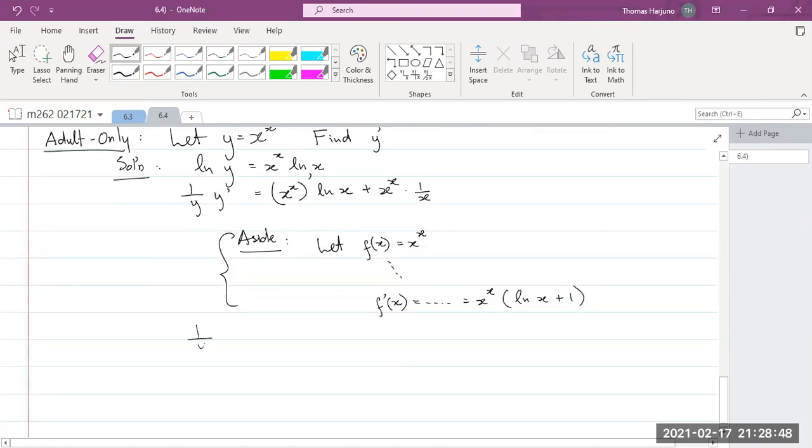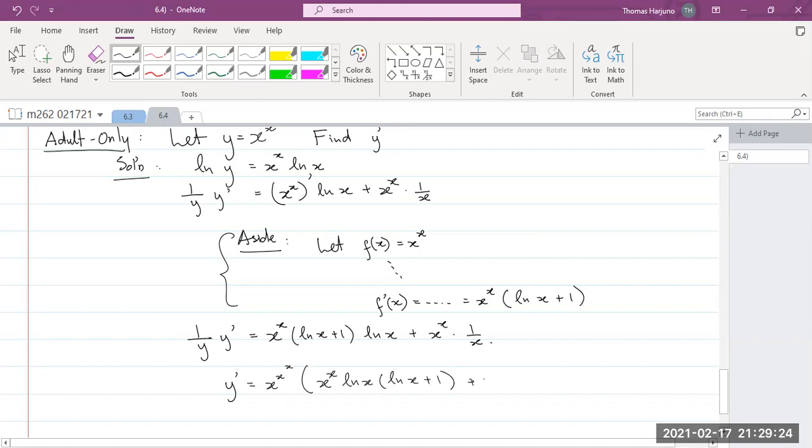So 1 over y times y prime equals x to the x times ln x plus 1 times ln x plus x to the x times 1 over x. So y prime equals x to the x to the x times x to the x ln x times ln x plus 1 plus x to the x minus 1.